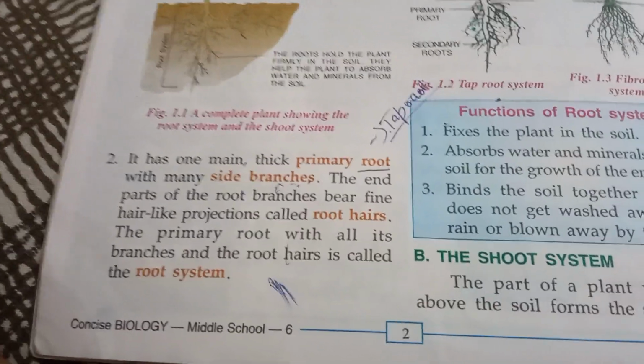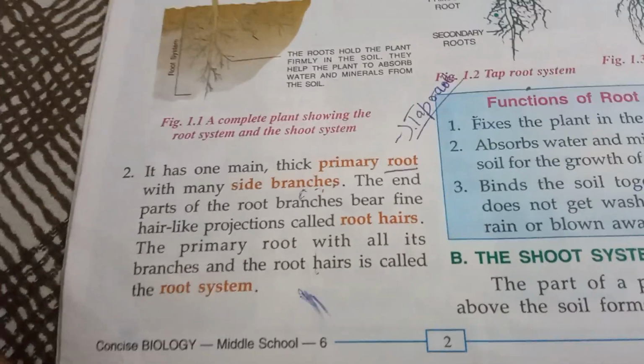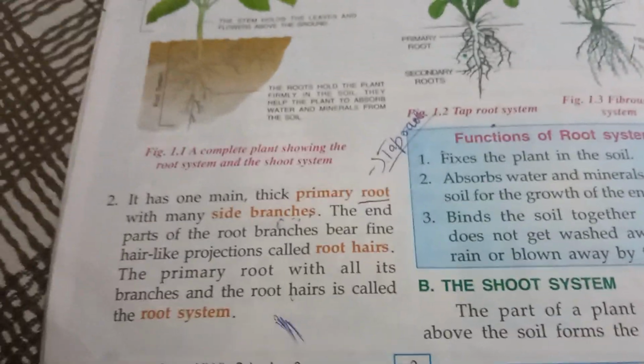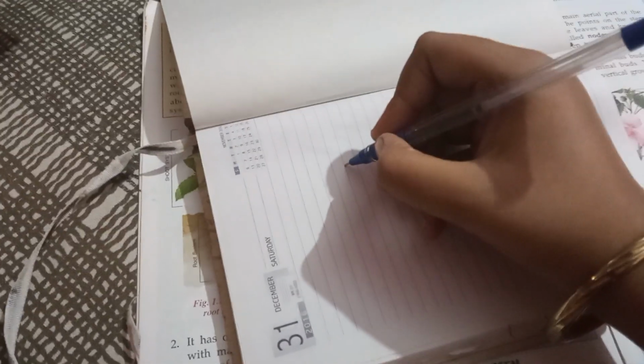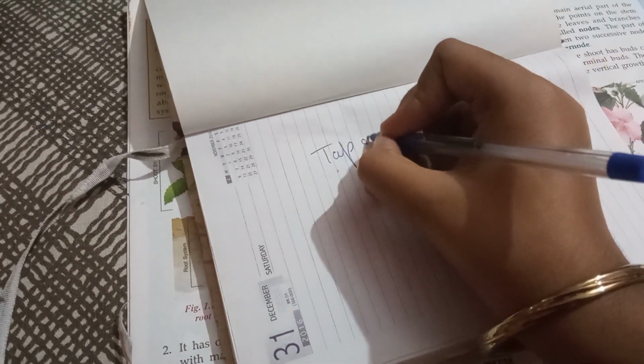Just get these two and now gently wash the roots. We can see that the roots have two different kinds of root systems, right? Now just for an example, in the notebook I'm gonna draw these two kinds of root systems. So this is the first root system which we are gonna learn, which is the taproot.